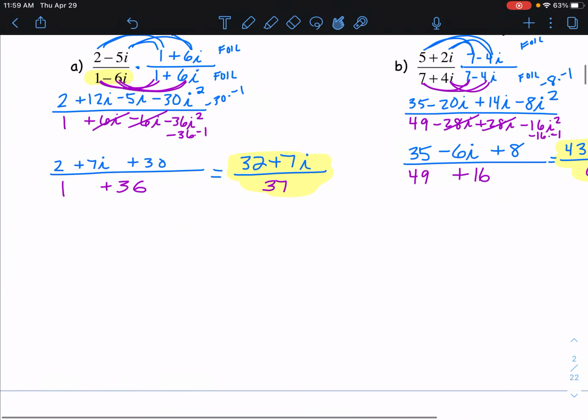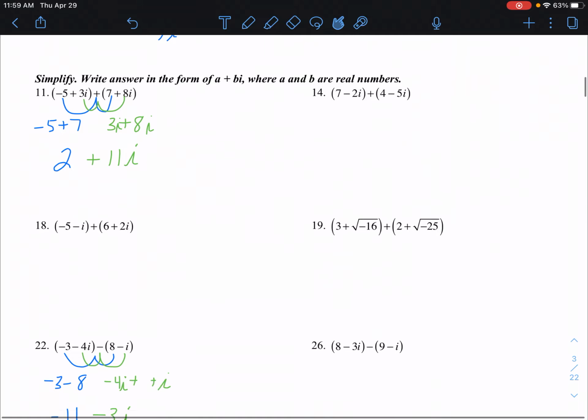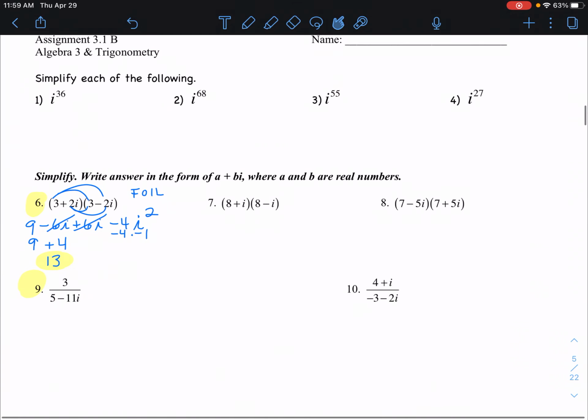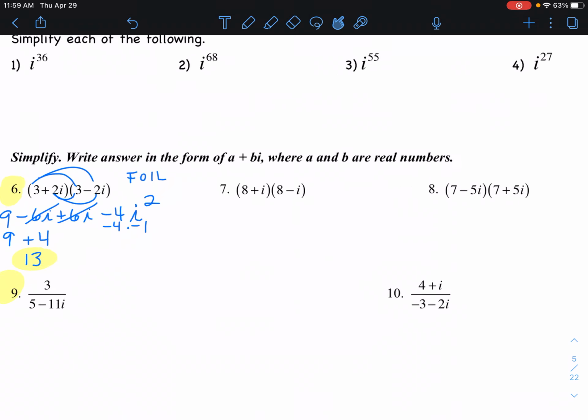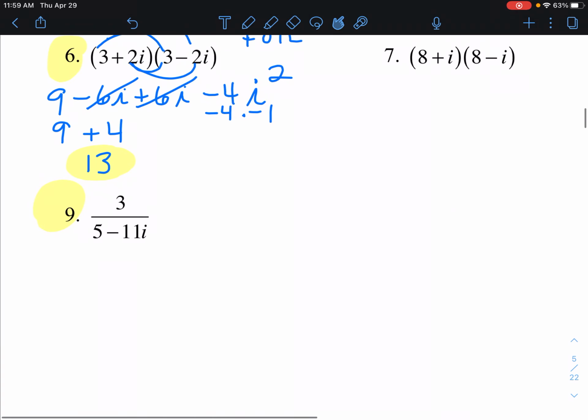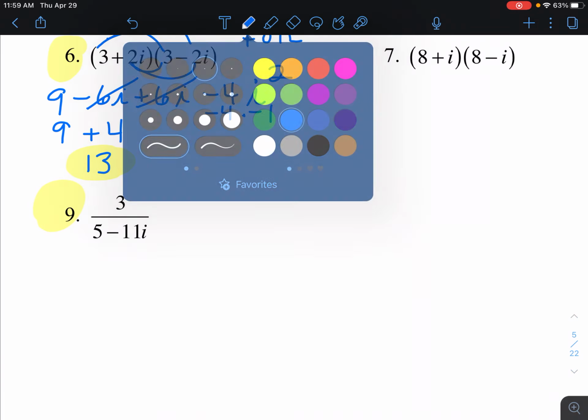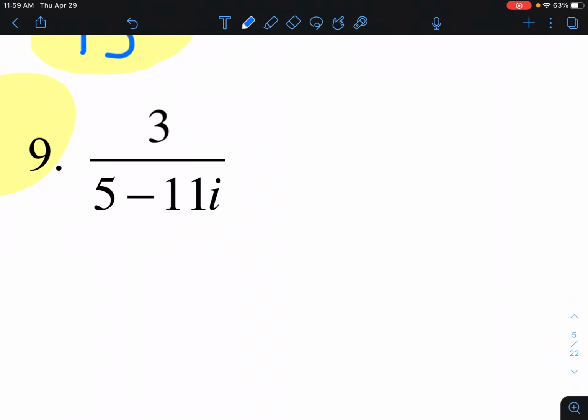Okay, let's do one more, then we'll be done. I'll help you out with another homework problem here. Go down to assignment 3.1b. I'm going to help you out with number 9. So here, we have i in the denominator, not okay.